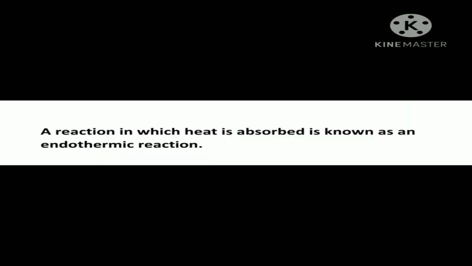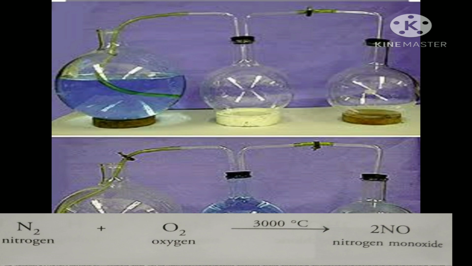A reaction in which heat is absorbed is known as an endothermic reaction. Let's discuss some examples of endothermic reaction. The first example is the reaction between nitrogen and oxygen.